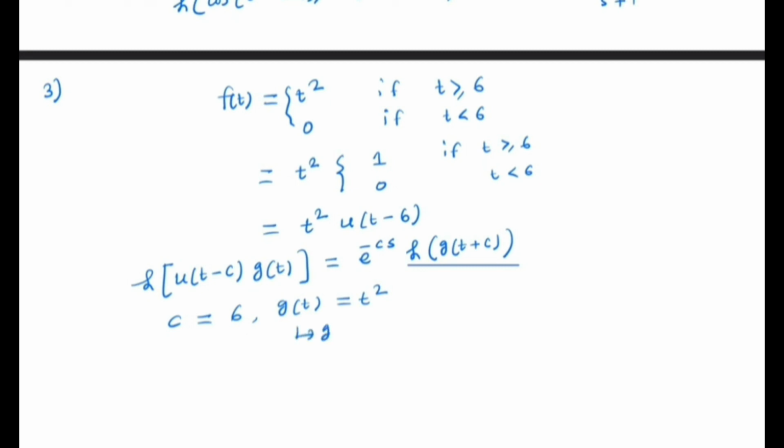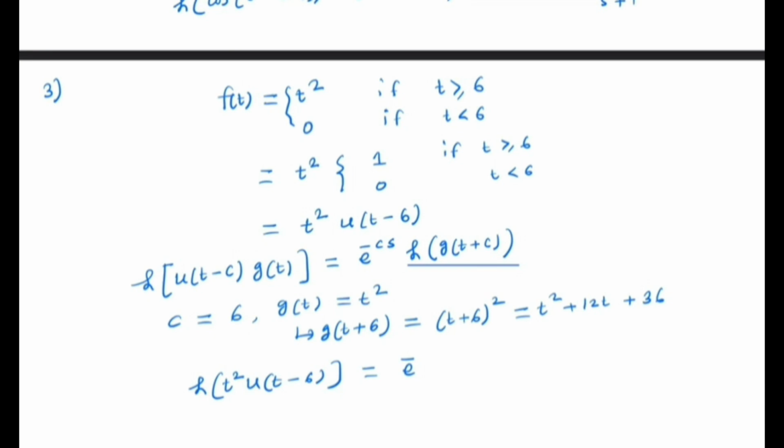It means g of t plus 6, which is t plus 6 whole square, which is t square plus 12t plus 36. So by the second shifting theorem, L of t square into u of t minus 6 is nothing but e power minus 6s into the Laplace transformation of t square plus 12t plus 36.